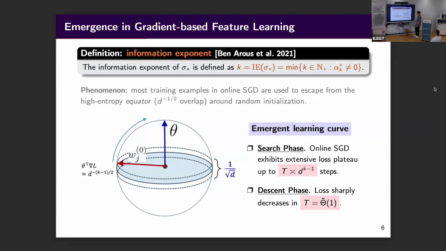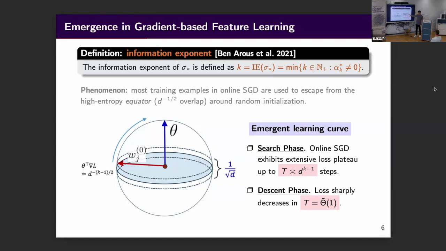If you look at online SGD in particular, there will be roughly d to the k minus 1 steps where the loss just stays constant. This is referred to as the search phase. The intuition is that your parameters are at an approximate saddle in high dimension, and you spend most of the samples trying to escape the saddle. After that, in the descent phase, the loss drops from say 1 to 0 in constant time.